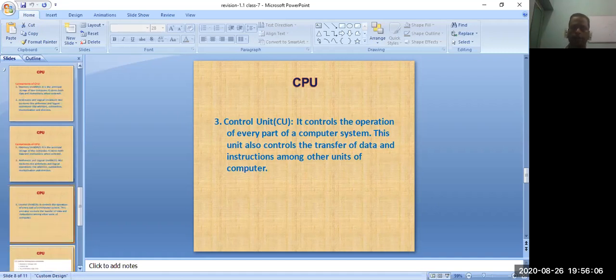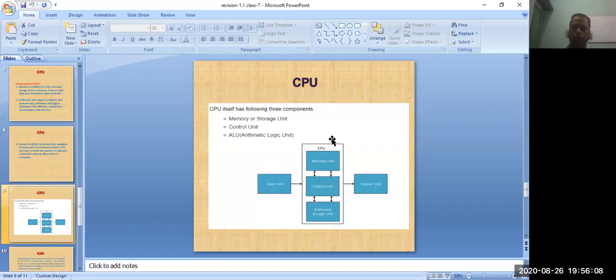And you can see here the structure of how, when you enter input here, it is processed. The processing is done by the CPU.